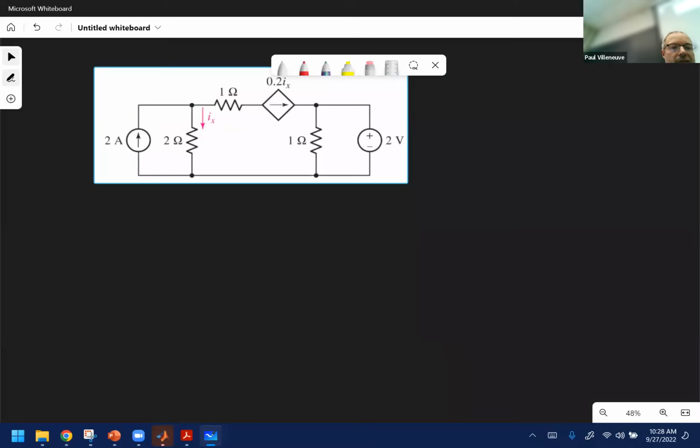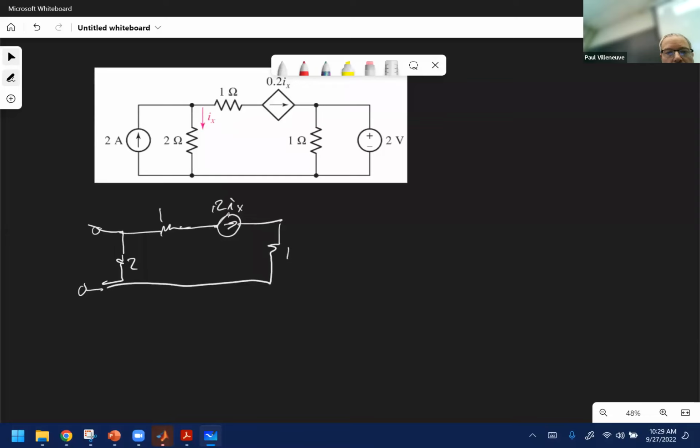which means this is open circuited. We have a 2 ohm, a 1 ohm, 0.2 IX, 1, and 2 volts.